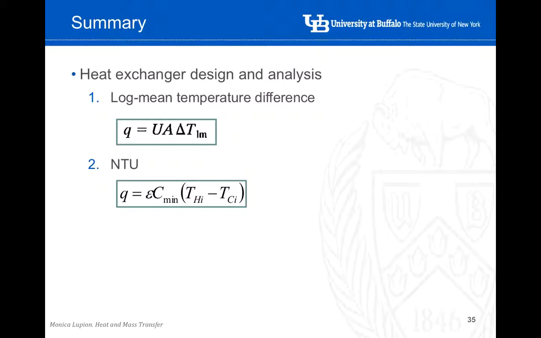Then we also explained the second methodology, the NTU, and in this case the heat rate is defined through the concept of effectiveness and the minimum capacity of the system. What is important here is that we only need to know 2 of the temperatures, for instance here at the inlet. So if we only know 2 temperatures, this is definitely the methodology you can follow to calculate the heat rate.